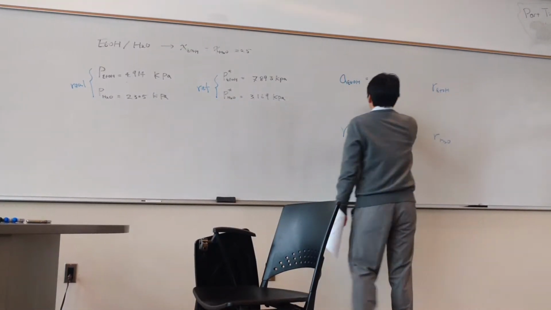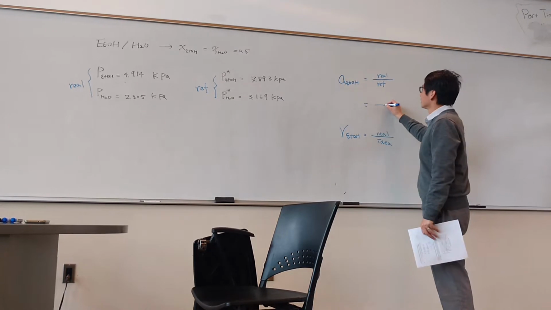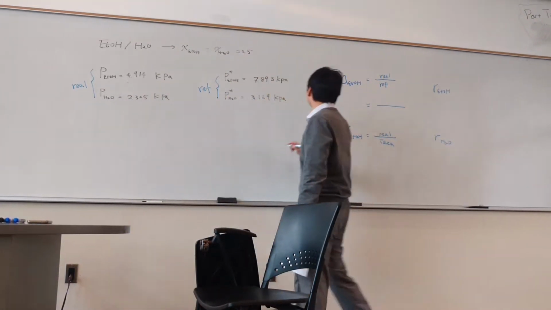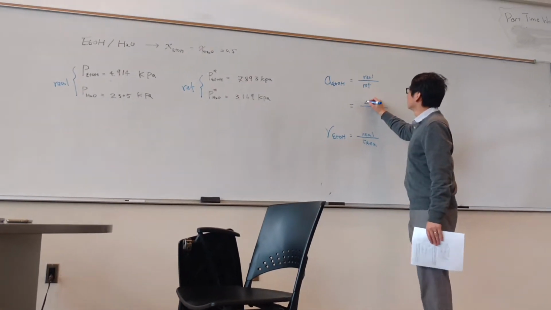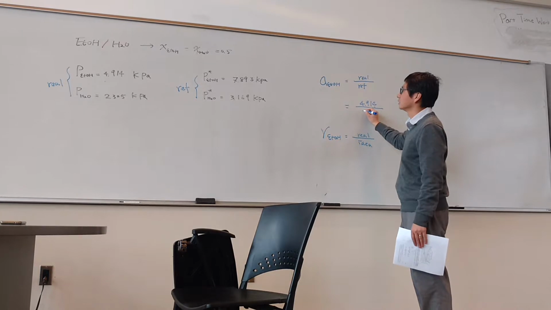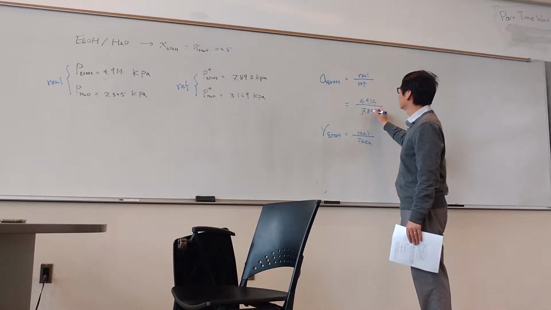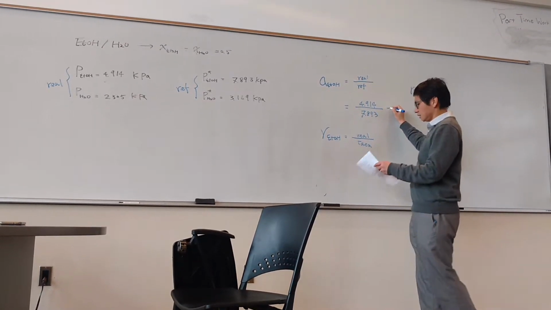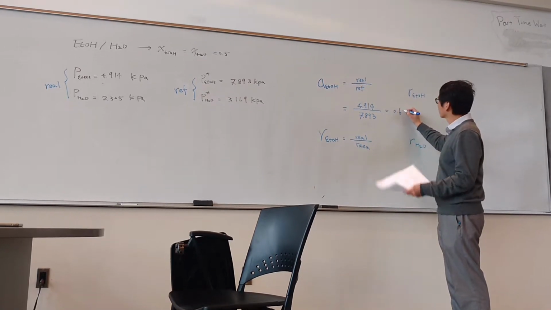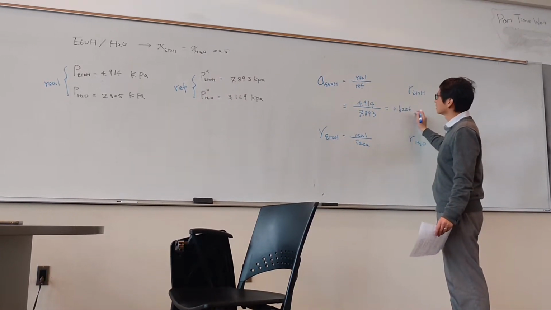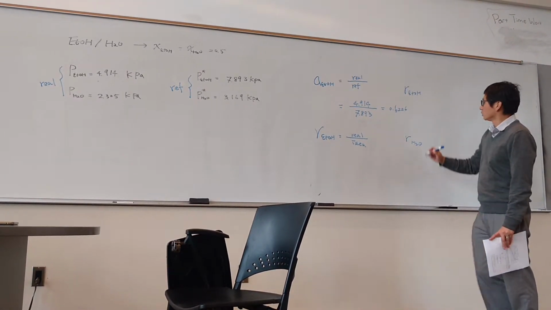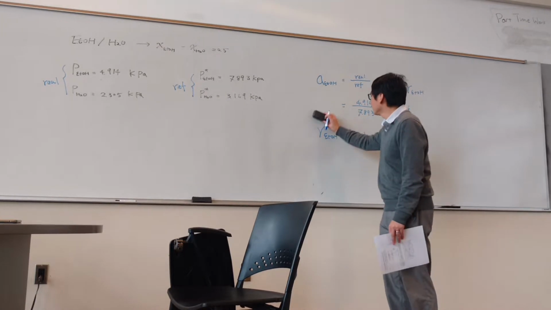With this concept in mind, your real for your ethanol is 4.914, and your reference is 7.893. This gives you a number of 0.6226. That's for your A ethanol.